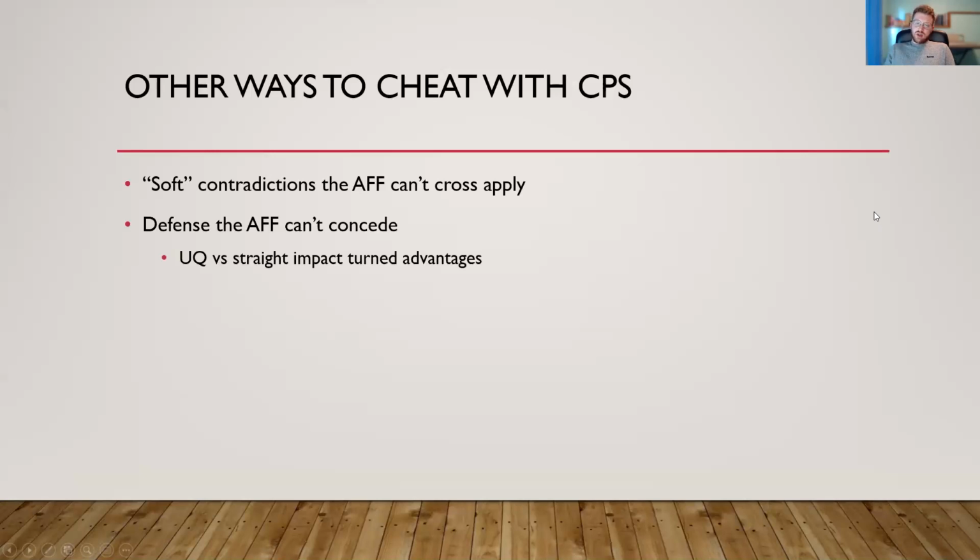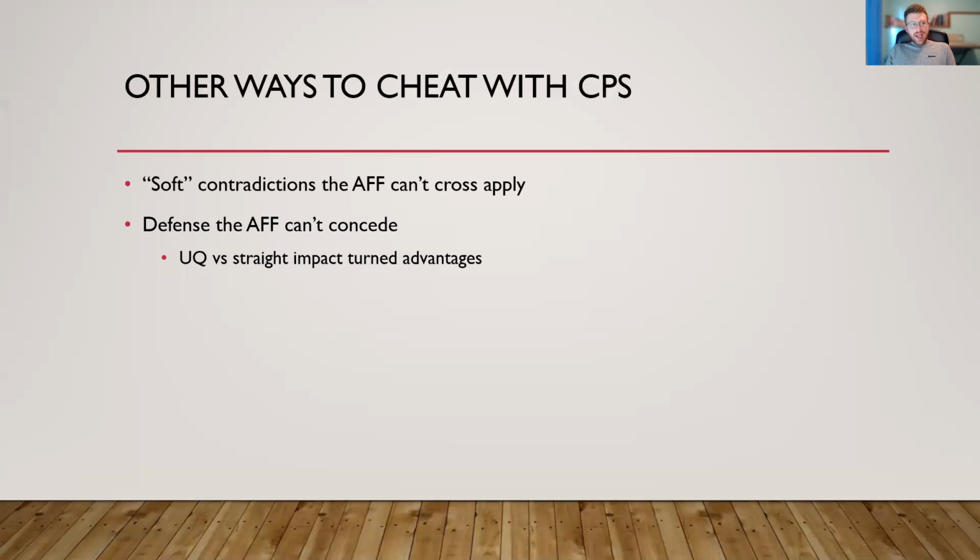Another thing you can do is you can read defense that the affirmative cannot concede. So the cool thing about conditionality is if you have a conditional counterplan that solves the case, even though you are making a uniqueness argument, the affirmative cannot concede this uniqueness argument to get out of a straight turn. So let's say you're straight impact turning an advantage.